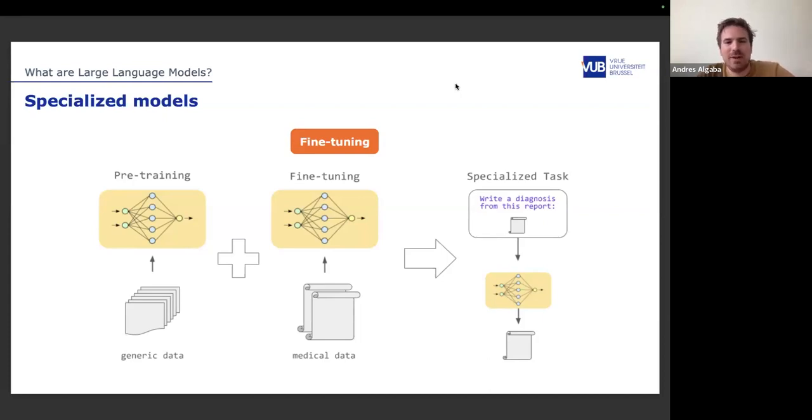You may then feed a lot of medical documentation to the model in an additional training phase. This is to specialize the model towards a certain task. So these are the specialized models. And again, when a company says that they have a special model for a task, often one of two things, and the other thing we'll talk about later, but one of two things that they may have done is continue training another model to specialize it towards some task.